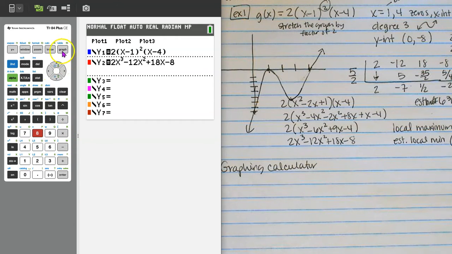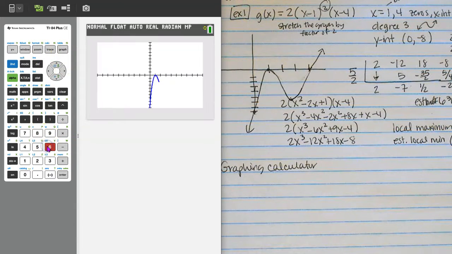So when I graph this in a standard window, so zoom 6 for standard, it looks like my graph. And this is a little bit further over than 2.5, but let's see how far down it goes, okay? So I still have a maximum here at 1, 0. I have the same end behavior, and I have this y-intercept, which I can check over here.